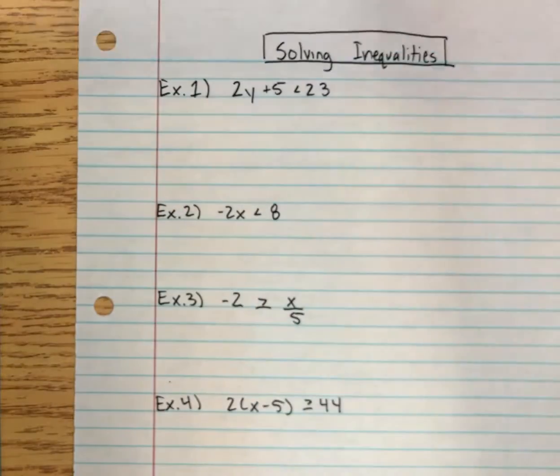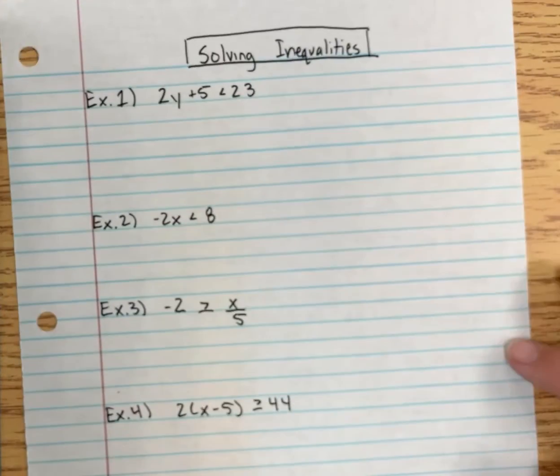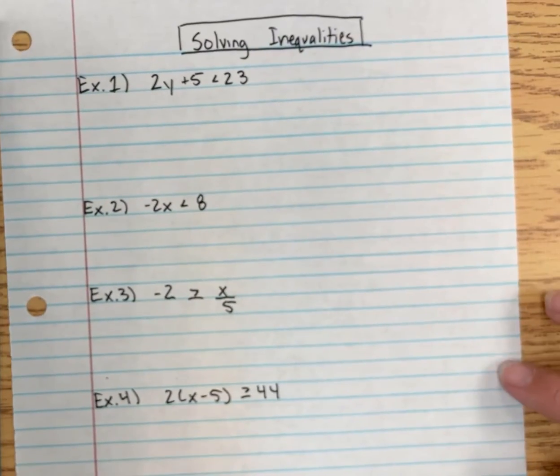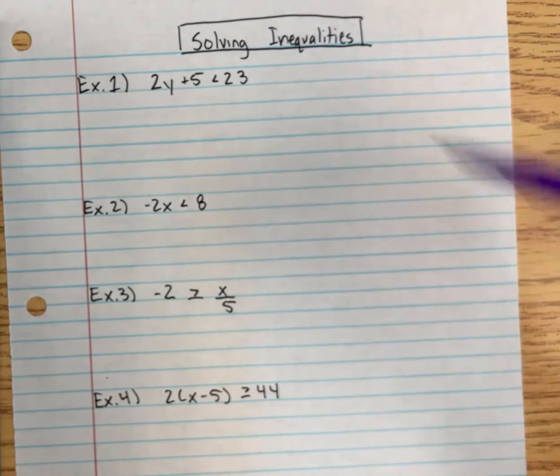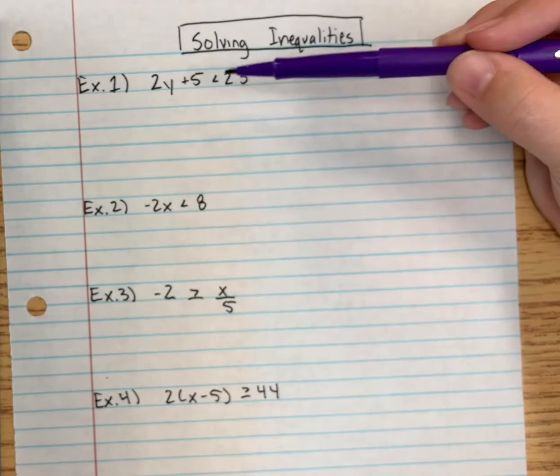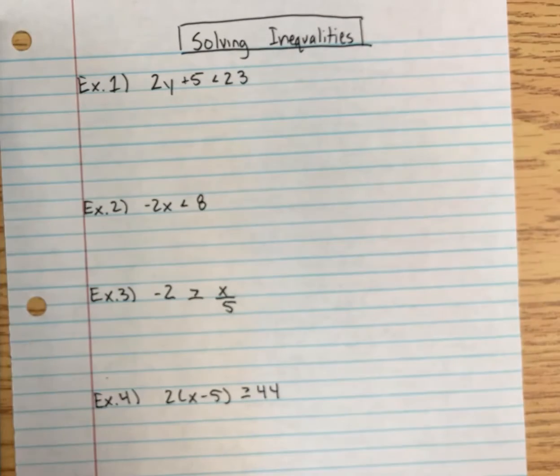So if we look here, I have 4 different examples for us to solve, and we're focusing on solving for the specific variable given. So looking at our first example, example 1, we have 2y plus 5 is less than 23. So we want to solve for y.